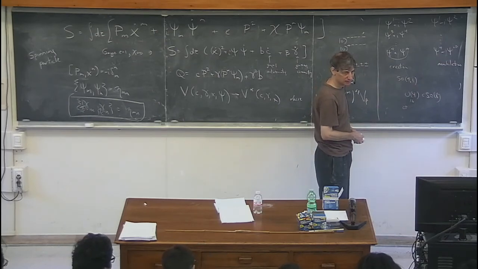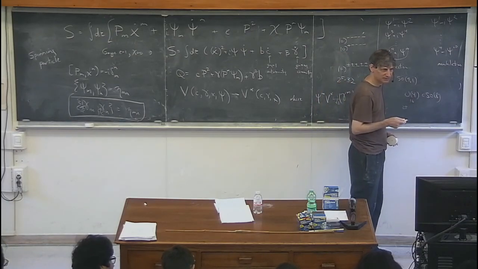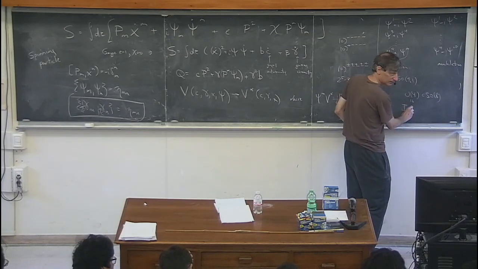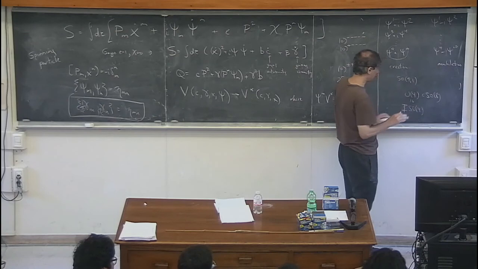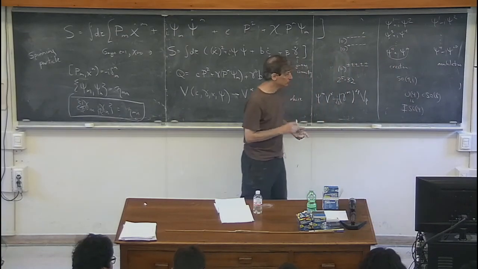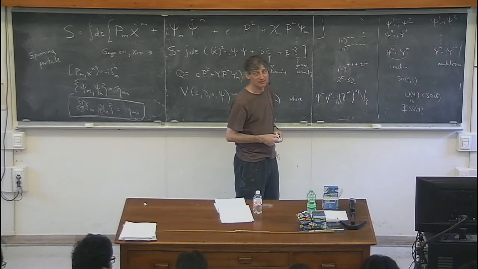So I don't know the right word for it, but do you know the right word for it? SO or SU? Okay. In any case, it has 25 generators. It's just that they don't together form a group. I mean, they don't satisfy the properties of a subgroup.